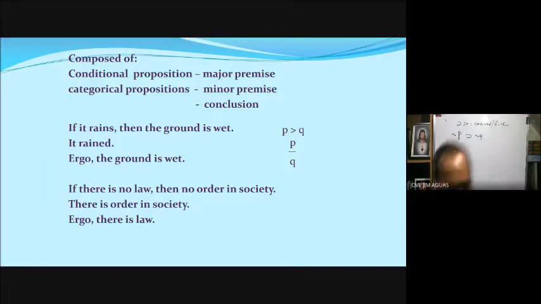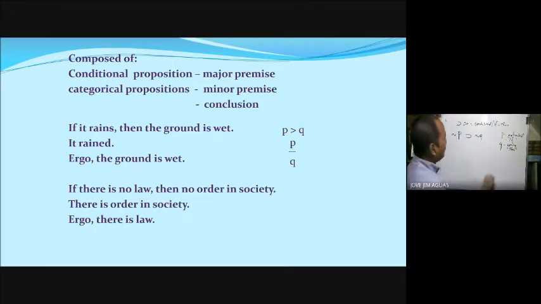So let's continue with this one. If there's no law, then no order in society. So no law is negative P. This is the symbol of the conditional, if-then. P means the antecedent, the if part. I hope you can see the board. And Q is the consequent, the then part.